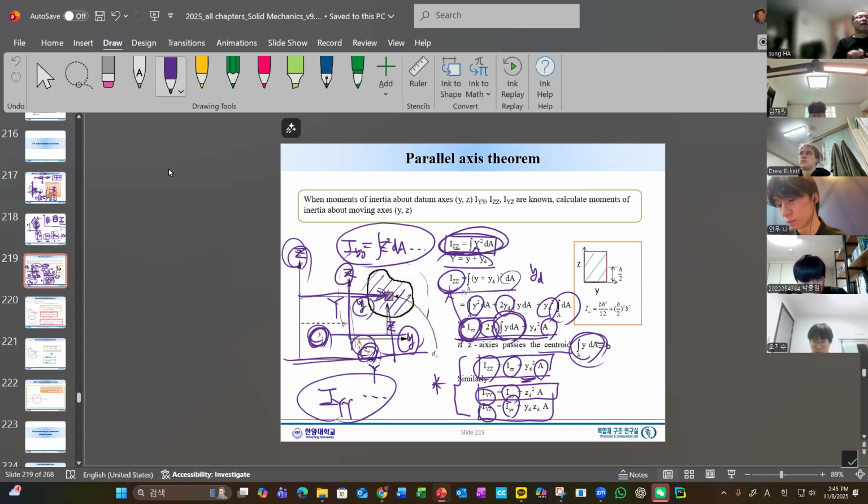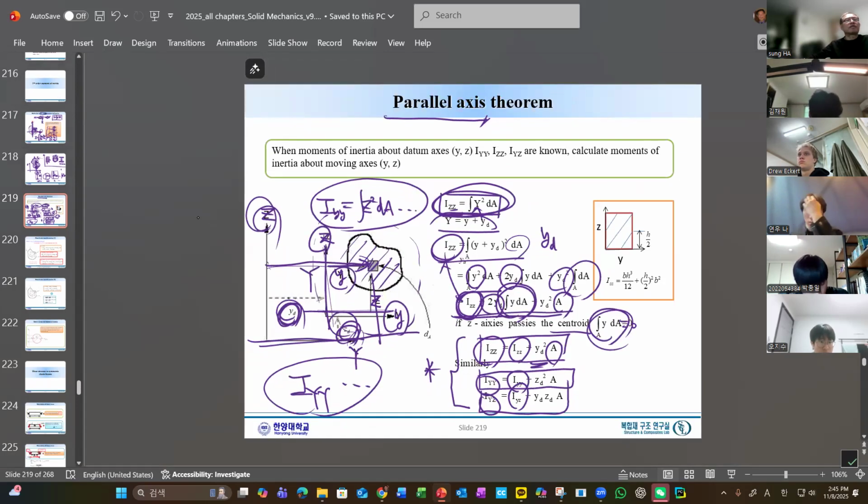This is called the parallel axis theorem. And you guys, as mechanical engineers, have gone through this subject.